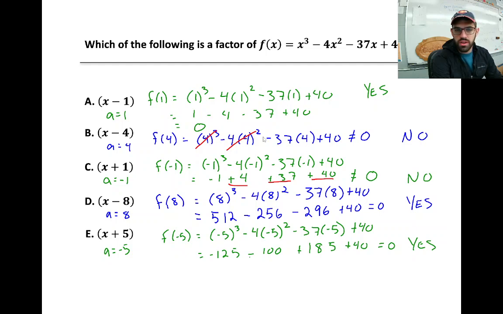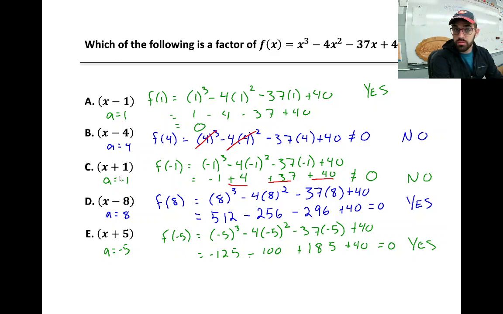And we're left with negative 37 times 4 plus 40. I know that this is a negative bigger than 40, so I know it's not going to equal 0. Then you could put it in a calculator and double check. But since f of 4 does not equal 0, then that means x minus 4 is not a factor of this function.